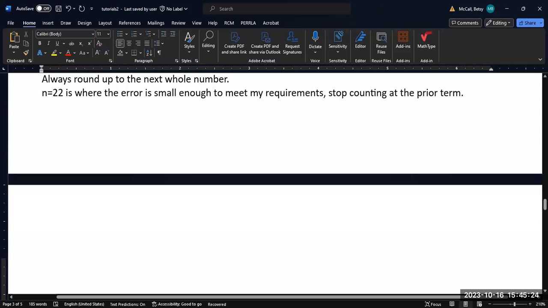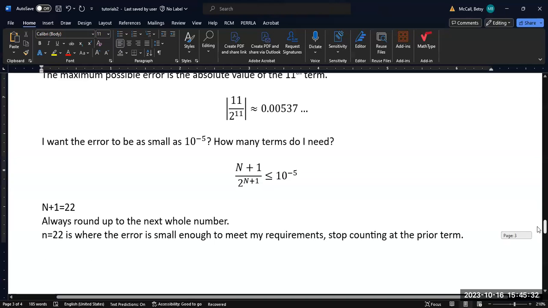So in some ways, this alternating series is a little bit trickier because with the integral test you're using exactly the same n value for both your integral and the term you're stopping counting at.